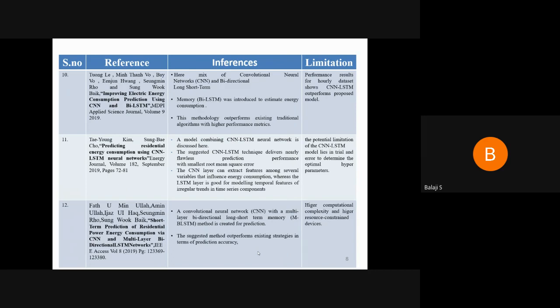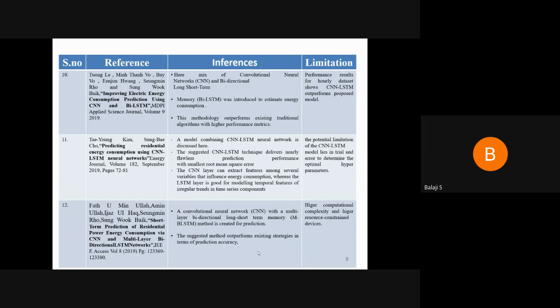Reference 11 includes Tai, Young, Kim, et al. They proposed a CNN LSTM technique which delivered a flawless prediction performance. The CNN layer extracts features among several variables that influence energy consumption, whereas LSTM was used for modeling temporal features.